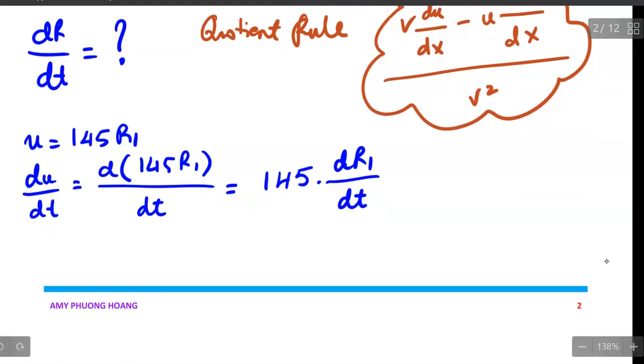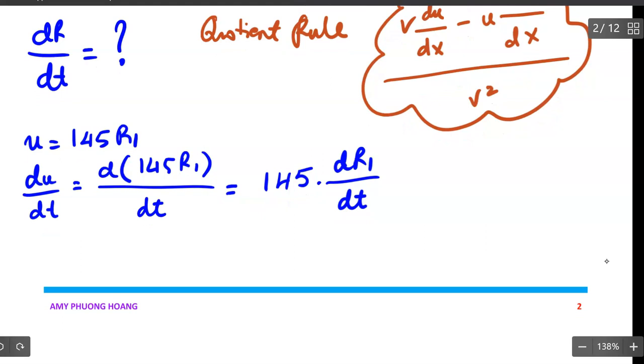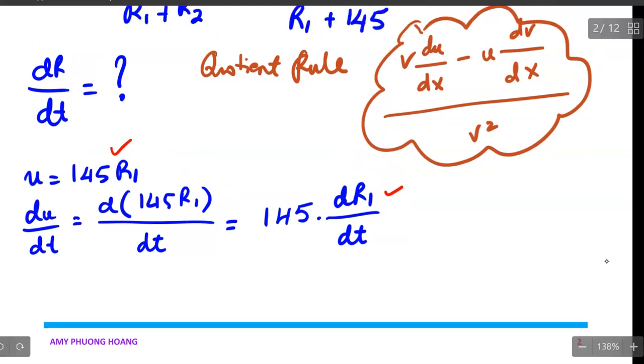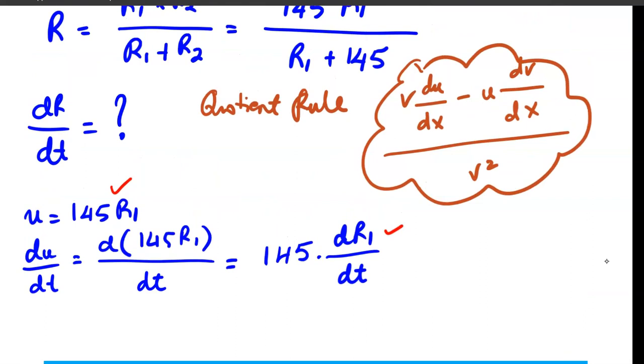Everyone keep this in mind, because we are differentiating, but we have to do it implicitly, and we differentiate in terms of time. So what I should do in this case is change this into t, because our variable, we have to differentiate with respect to time.